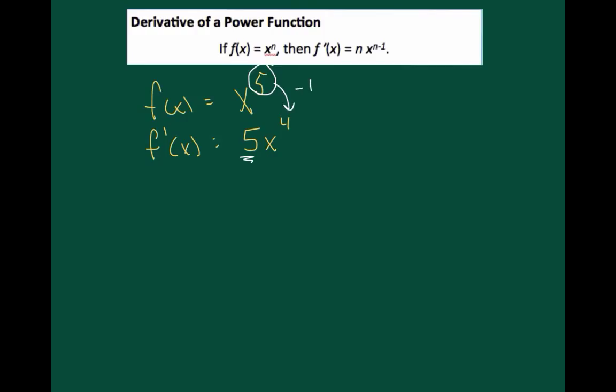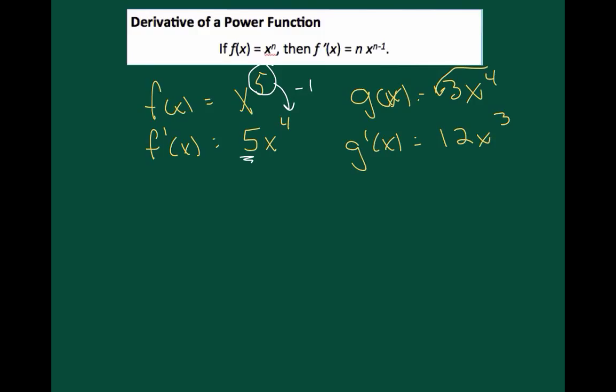Let's try another example. Let's say we had g of x equals 3x to the fourth. Then the derivative, that 4 is going to come down, but we'll multiply it times 3. So you get 12x to the third, because once again the exponent will decrease by 1.